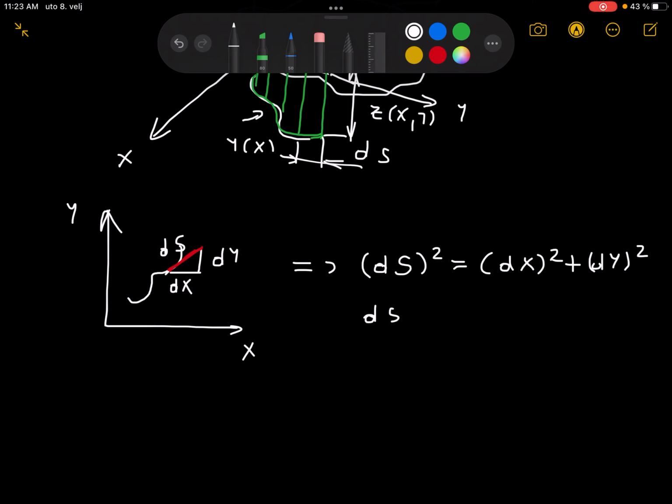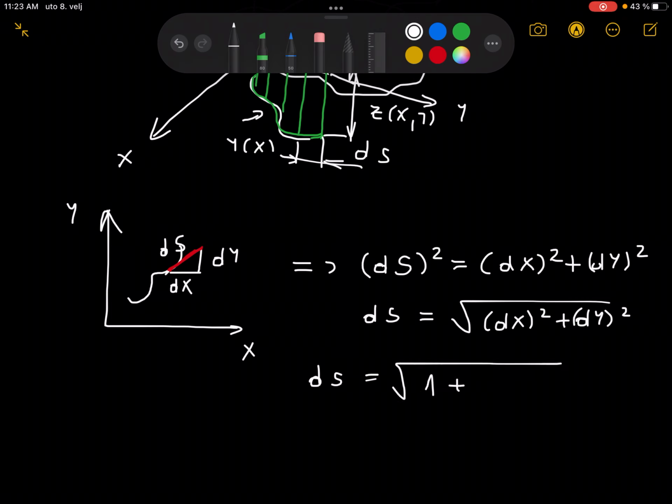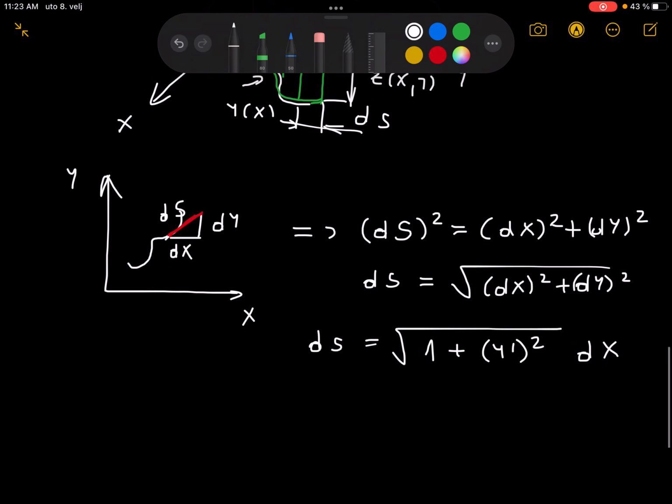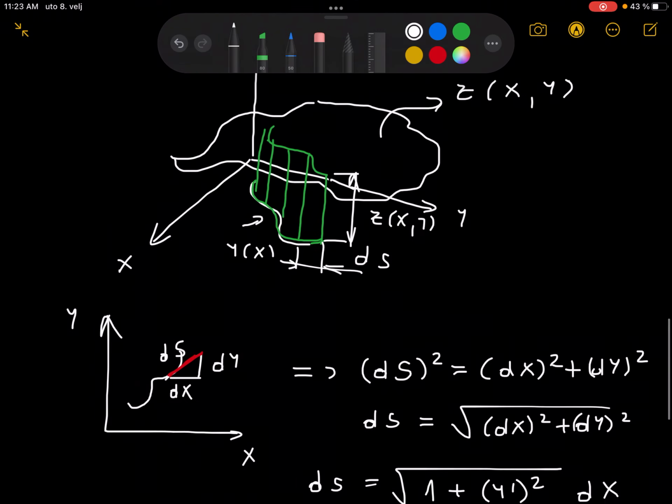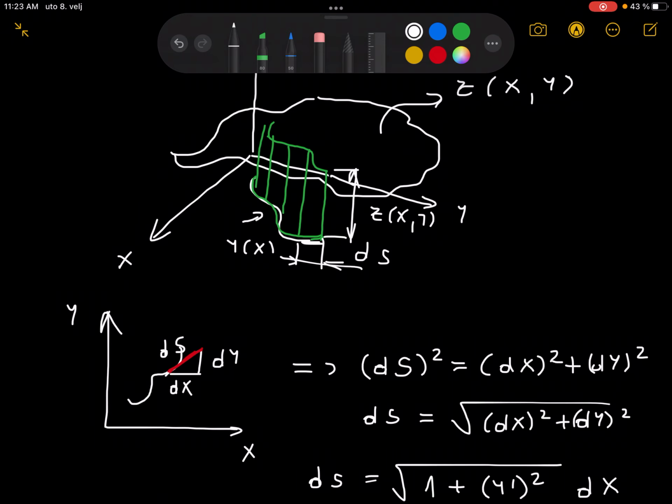So from here, ds is equal to the square root of dx squared plus dy squared. Or when we factor out the dx, we'll get the square root of 1 plus y prime, which is the same as dy over dx, squared, and everything times dx. So that's basically the width.